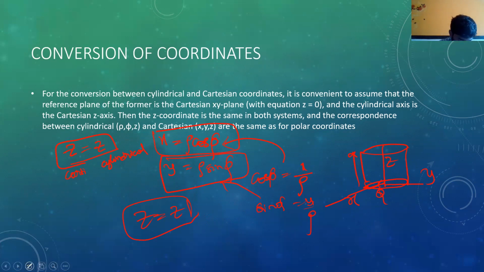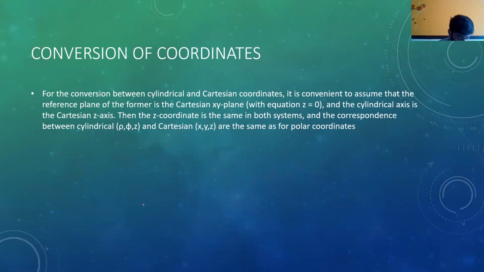If we want to convert cylindrical to Cartesian, we use the above equations. If we want to convert Cartesian to cylindrical, then we do this. From the above equations, dividing sine phi by cos phi, we get y by x is equal to tan phi, and phi is equal to tan inverse of y by x.